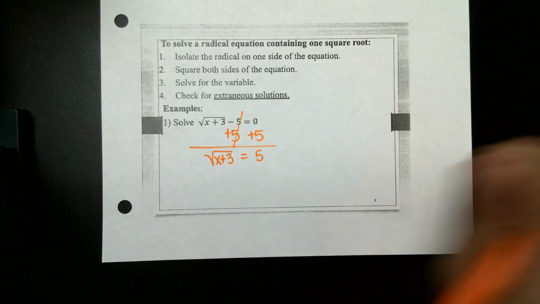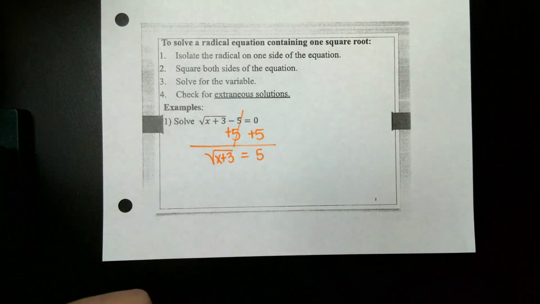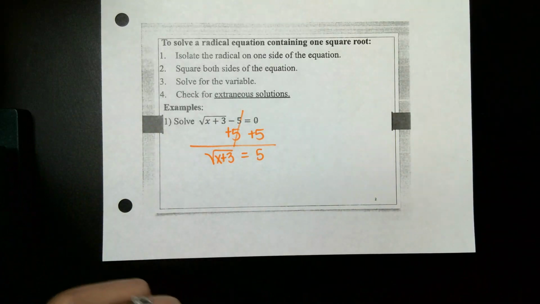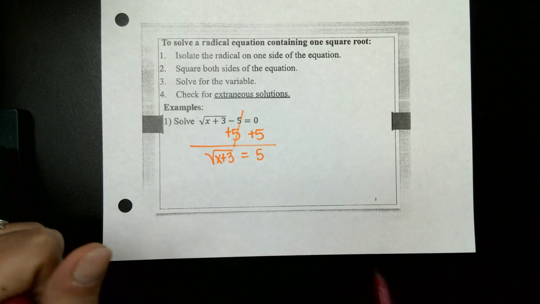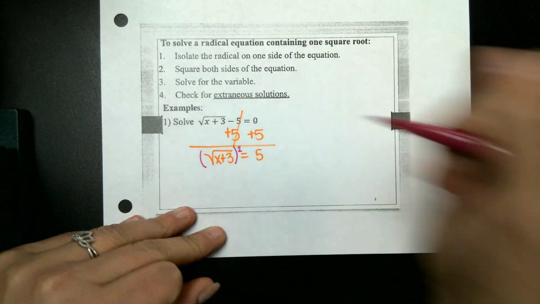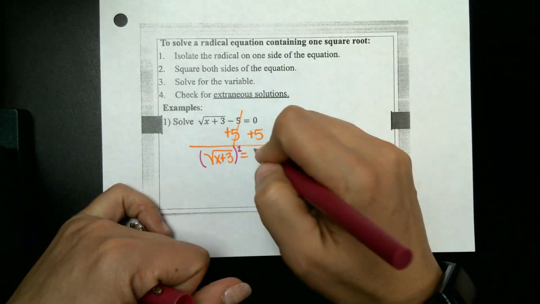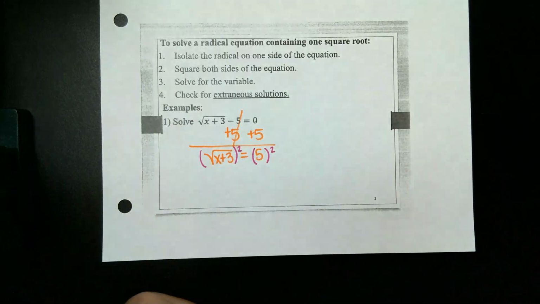Now to get rid of that square root, because right now I can't subtract 3 until that 3 is out of the radical, to cancel out the square root, we do what? We raise that side to the second power, and if we raise the left side to the second power, we're raising the right side to the second power.